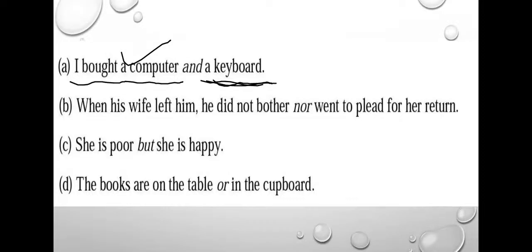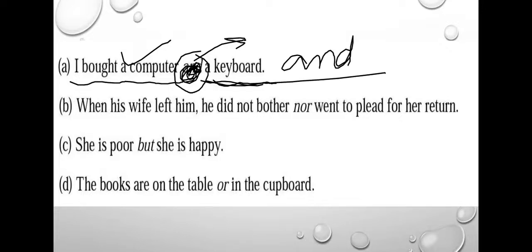A boat is a phrase. So which one is the connector? And is the connector. This is the junction point. If and would not be here, then it would be just a junction point, and the junction point is being joined by a coordinating conjunction, that is and, one of the famous coordinating conjunctions.